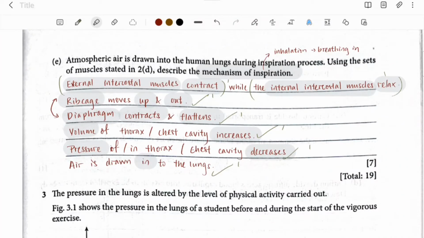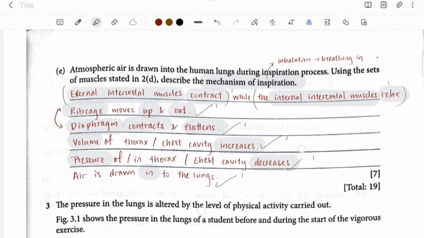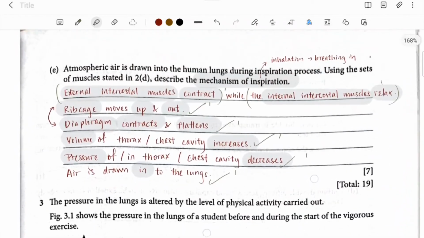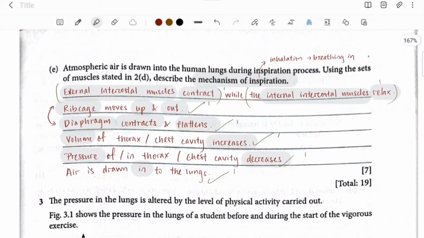This one is the inspiration, inhalation. What if the question is asking about exhalation? So this one is just the opposite of all the points.